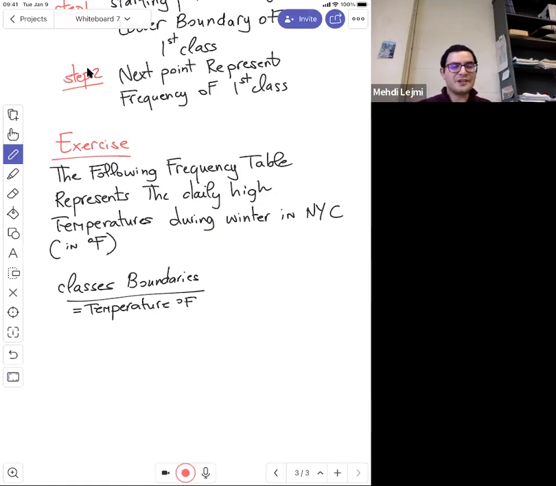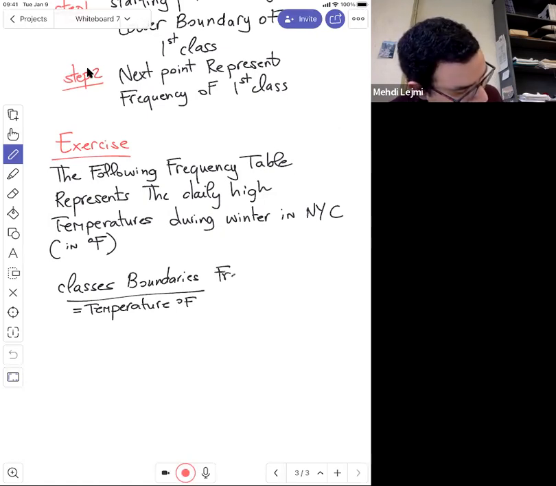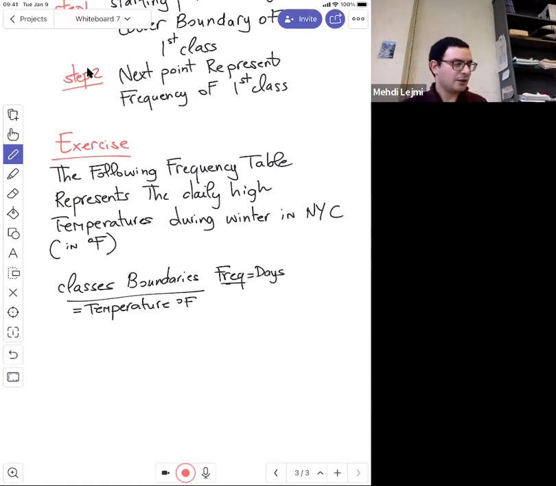Of course, the frequencies would be the number of days in a given class, right? So this is the number of days in a given interval. And then, of course, we have the cumulative frequency.